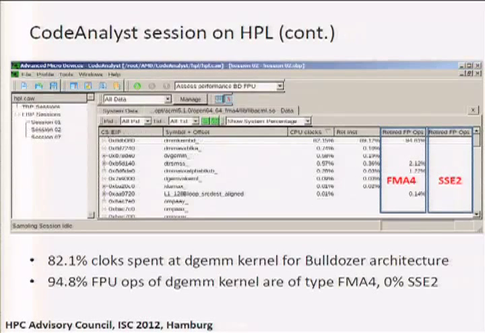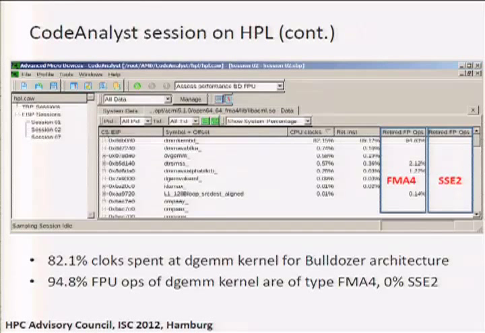Then if I double click on the ACML, and I want to see where it's spending the time, about 82% of the time was being spent on the double precision matrix kernel for Bulldozer, which makes sense for LINPACK, being spent most of the time on the DGEMM kernel, okay? And again, I look at the nature of operations, and it's FMA4s, all right? And no time is spent on SSE2s, there are none.